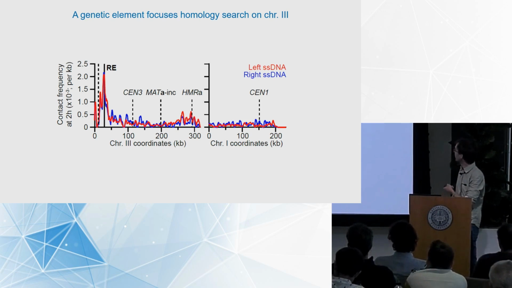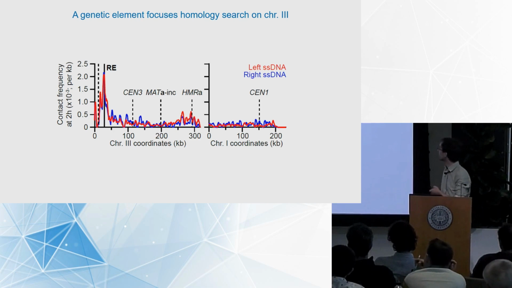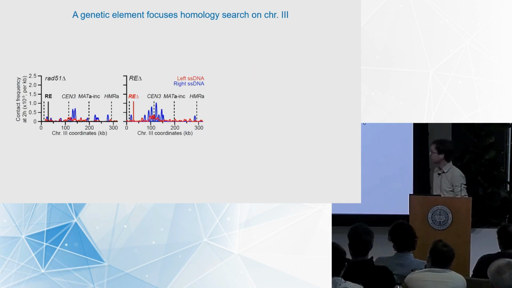So there is a massive peak of contact at the level of one genetic element that has been defined a long time ago, called the recombination enhancer, that focuses the contacts at its level. And it's really sort of an early event also. This is completely dependent on Rad51. So if you don't have Rad51, the single-strand DNA doesn't see the recombination enhancer.